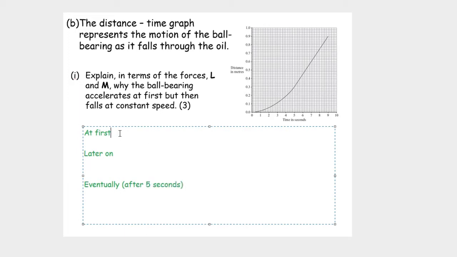Okay, so what happens at first? Well, at first the force of gravity on the object is greater than the force of friction against it. So it means L is greater than M. So at first the weight is greater than the resistance, or let's say the friction of the oil.